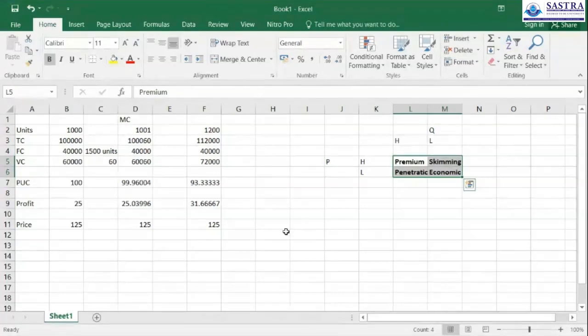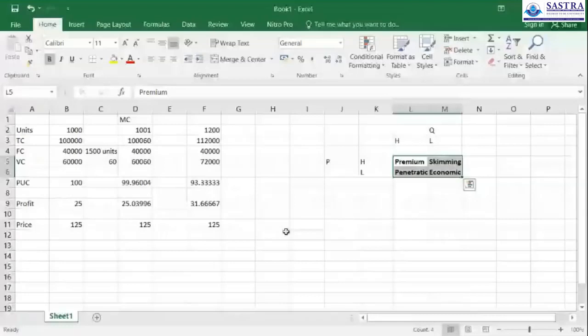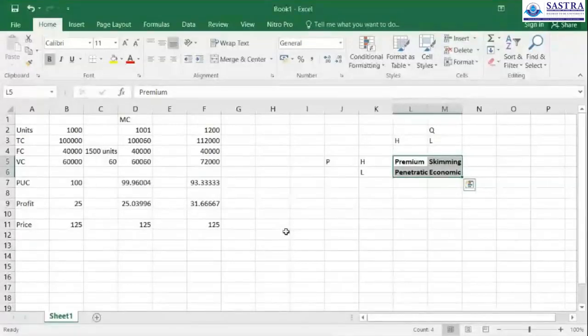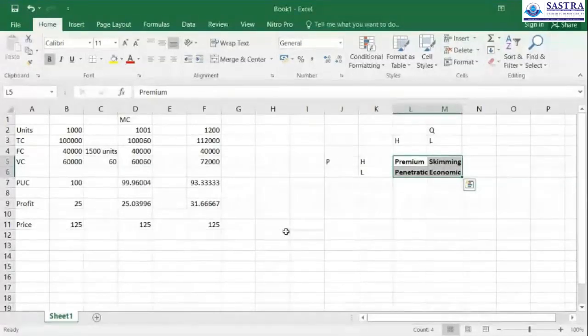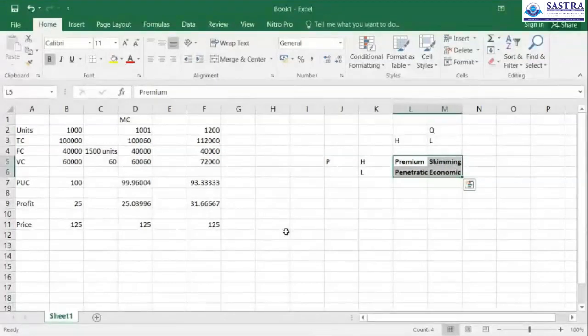High quality products which are relatively available at full price in the market, we call penetration pricing.